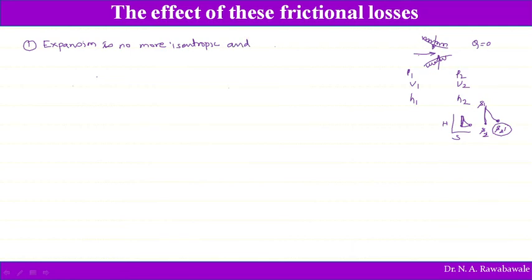And so what happens, initial enthalpy is H1, final enthalpy is H2. So the enthalpy drop H1 minus H2, theoretically, will not be that much drop.